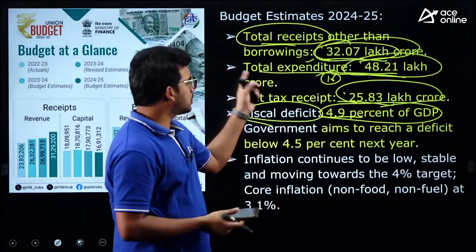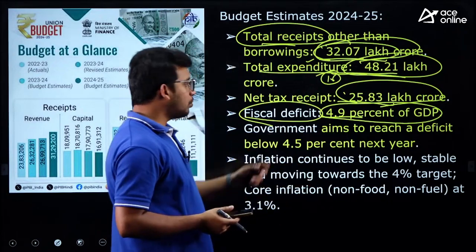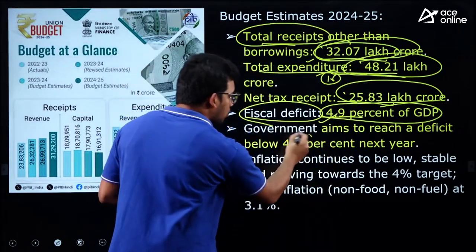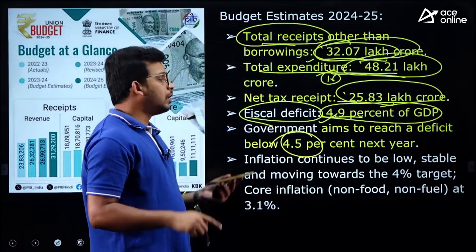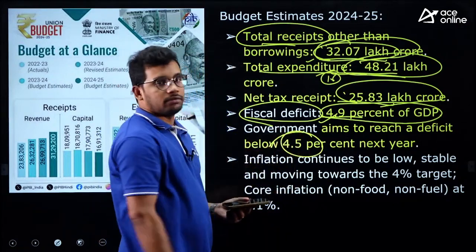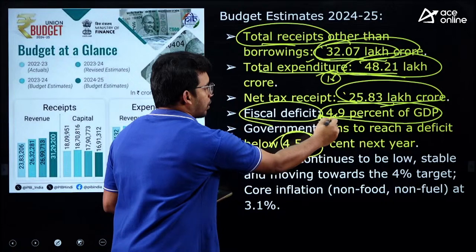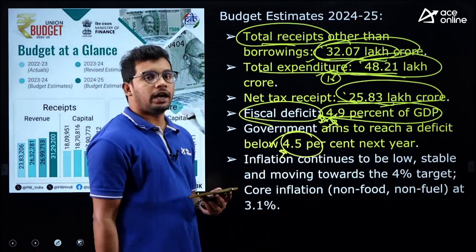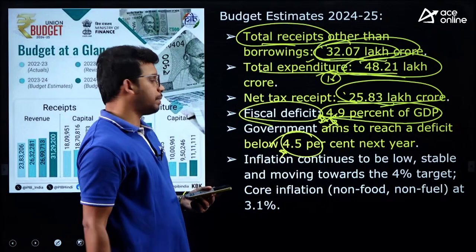That is the total composition. Now the fiscal deficit is 4.9%, and government is aiming to achieve 4.5% fiscal deficit by next year. These numbers are very important. The current fiscal deficit is 4.9% of total GDP.